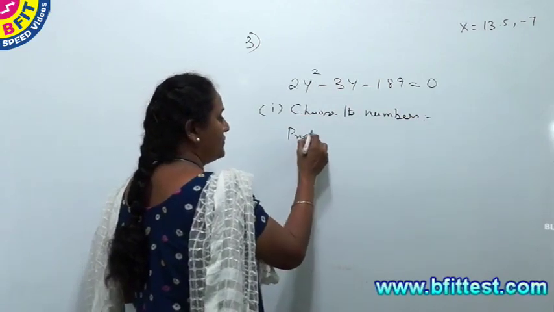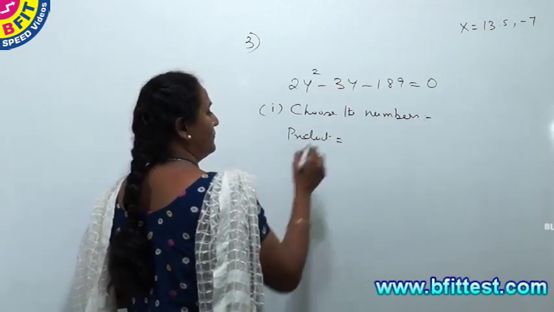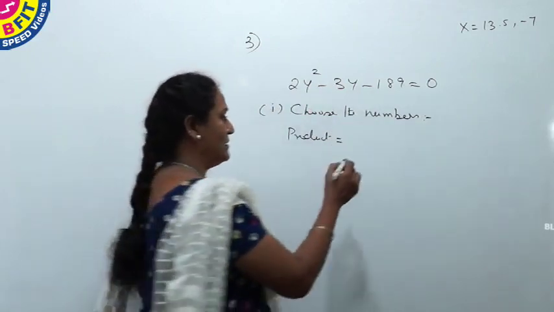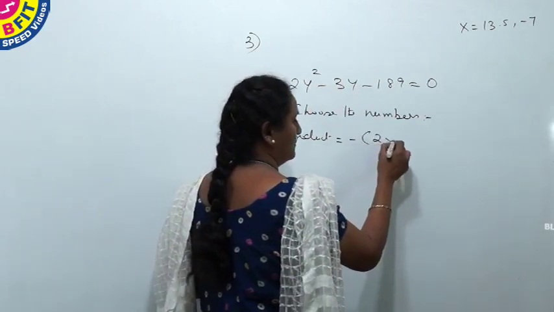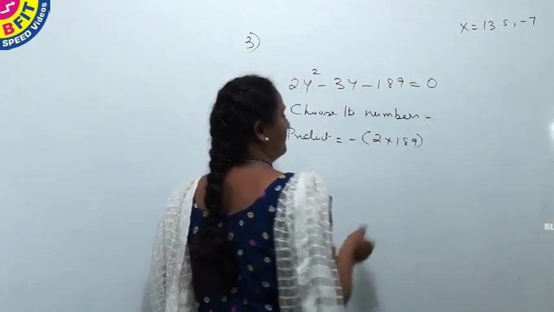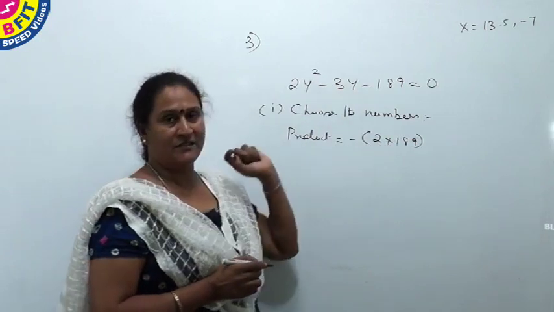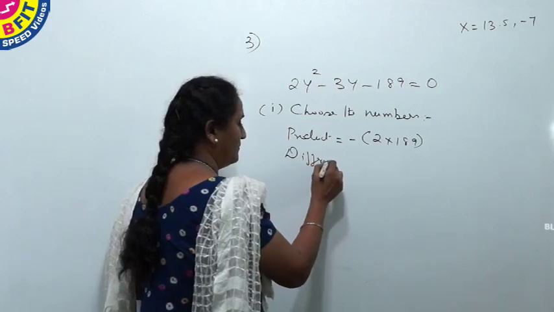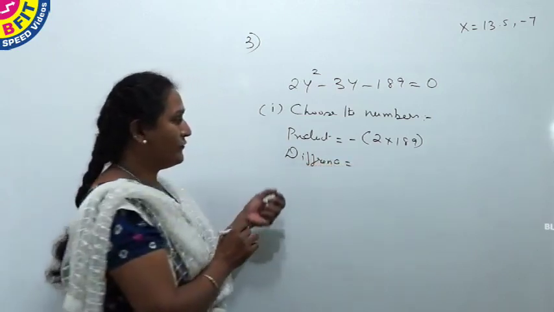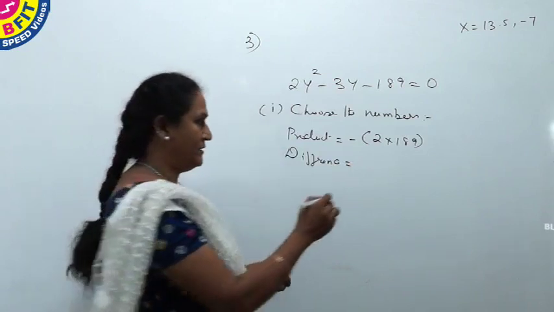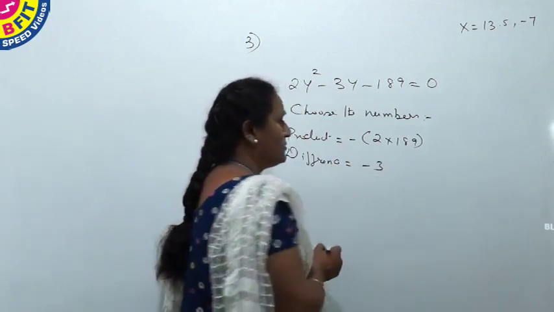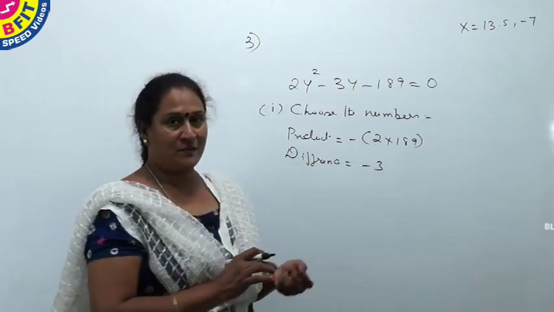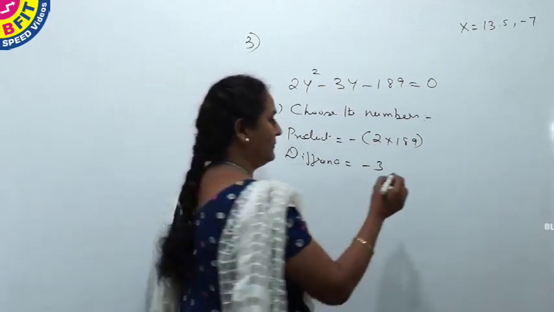Here we have coefficient for y square as 2. So the product should be product of 2 and minus 189, writing the minus sign outside. And now as you have minus here, write difference. So difference of the two chosen numbers should be minus 3. Clearly 189 minus 2 is not 3, so we should have some other pair other than 2 and 189.